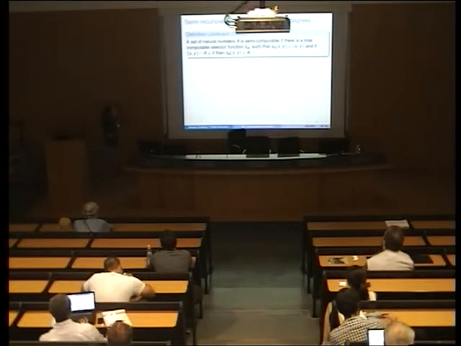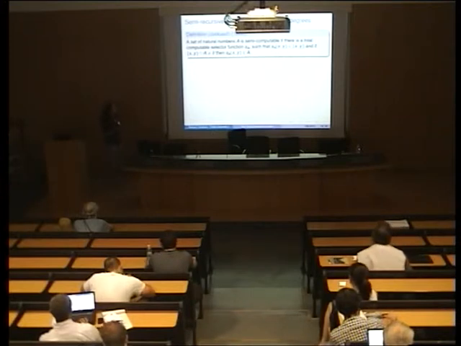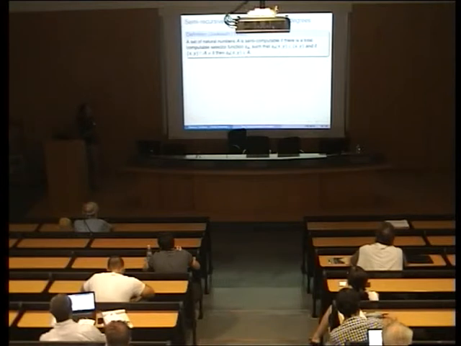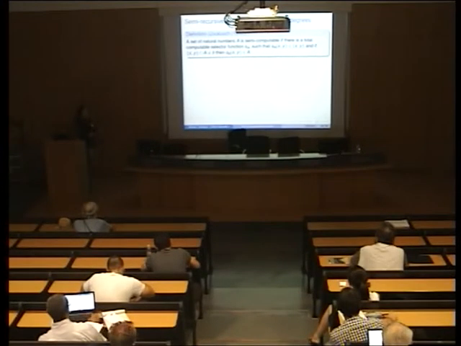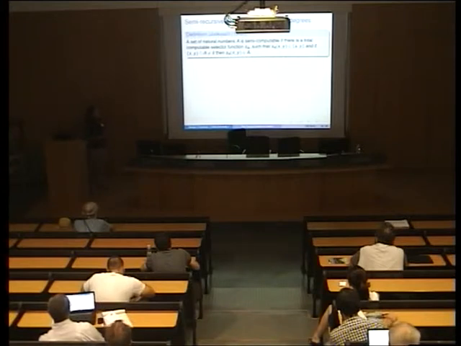This is a notion introduced by Jockusch. A set of natural numbers, say A, is semi-computable if there's a total computable selector function, which always gets two elements as inputs and always outputs one of them. And whenever one of the inputs is in A and the other is not, it will correctly pick the one that's in A.